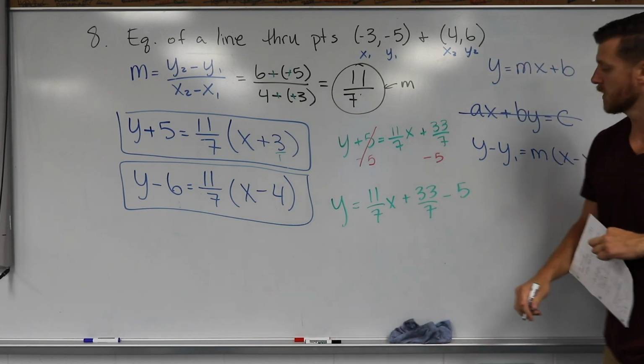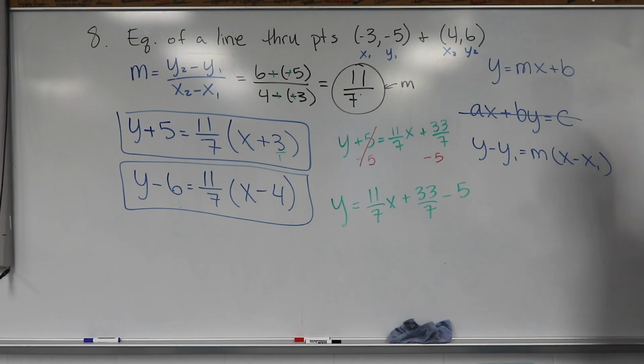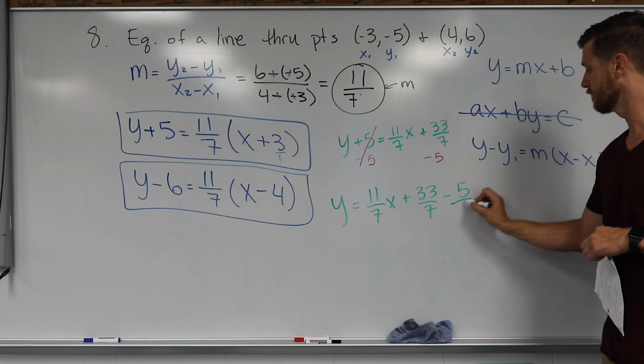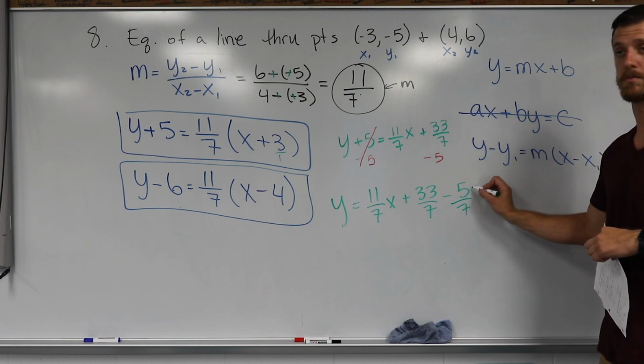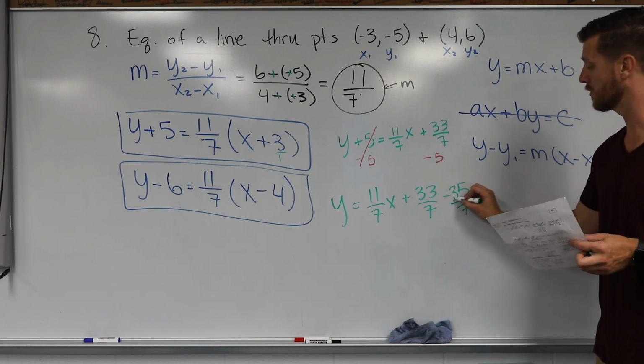Oh, geez. I don't have a common denominator. If I multiply top and bottom by 7, though, 5 times 7 is 35. I got it.